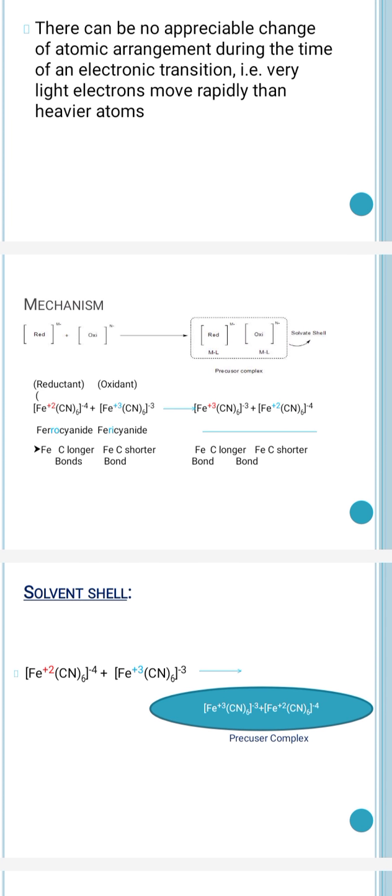The bond lengths of these complexes with carbon are different. In ferrocyanide, the iron-carbon bond length is longer, and in ferricyanide, the iron-carbon bond length is shorter. When the complex is formed, the length of the bond changes.